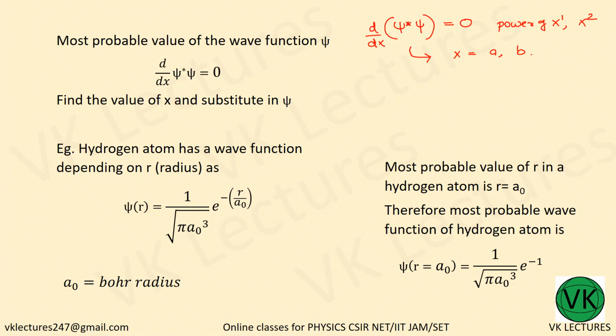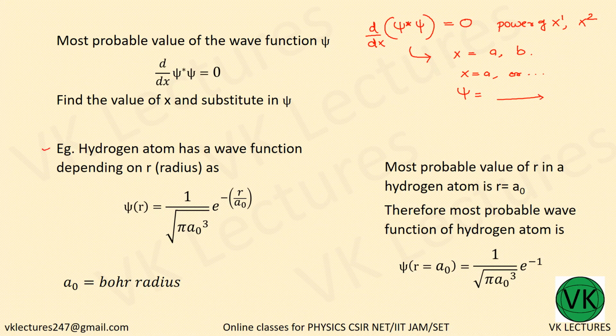Or if psi star psi is x cube, you may get three values of x. Once you get these values, you have to substitute x equal to a or some value in this wave function psi. So you get the most probable value of the wave function.